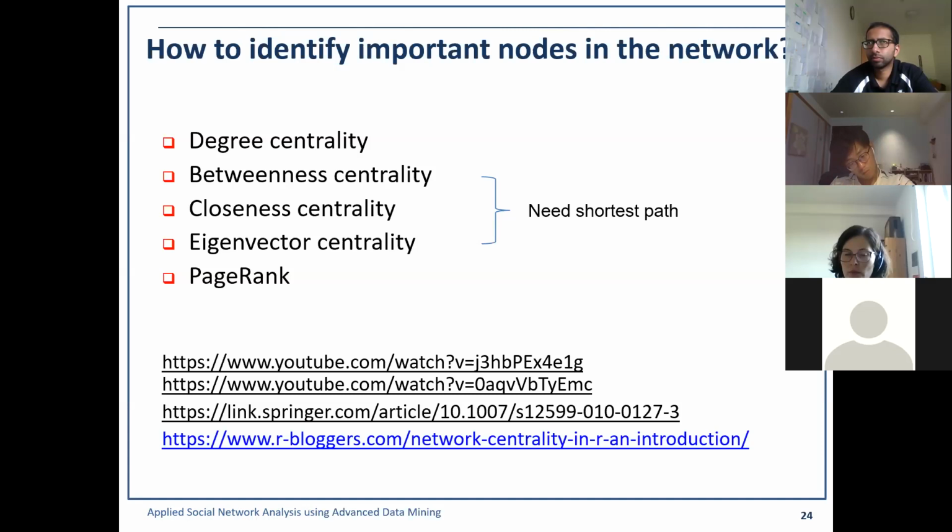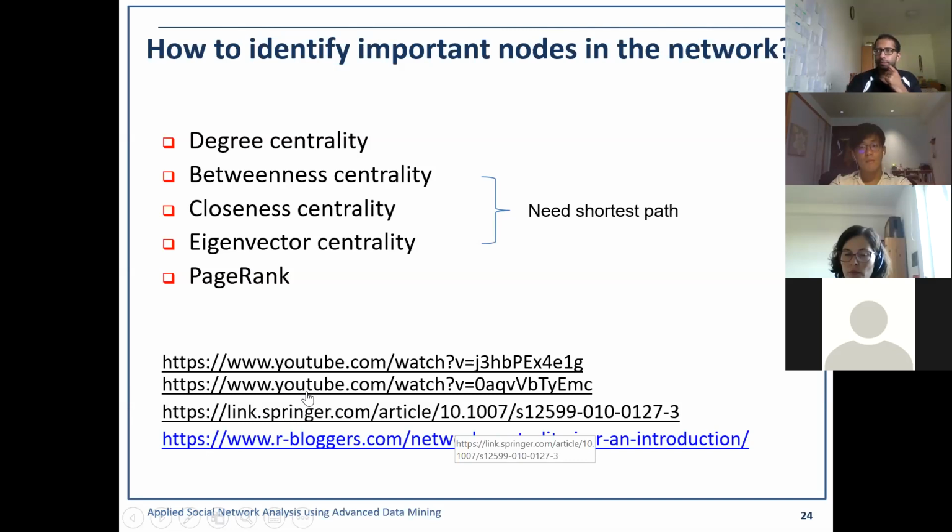Okay, so let's go step by step. We have degree, betweenness, closeness, and eigenvector centrality, and then PageRank, five measures that determine the importance of a node. I also present here some additional web pages, YouTube videos explaining these centrality measures, and an article with the link on Springer.